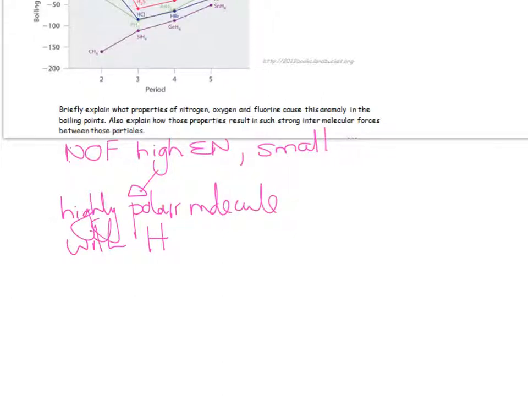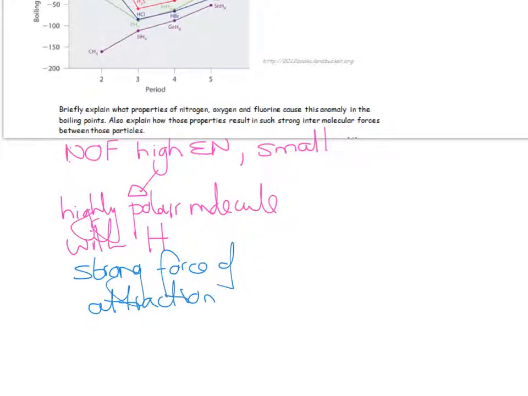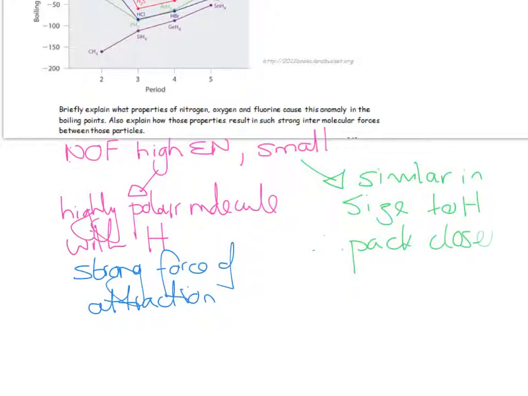You're going to land up with a strong force of attraction. Then your next thing is, because they are small, they are similar in size to hydrogen, therefore pack closely, and therefore stronger forces of attraction.